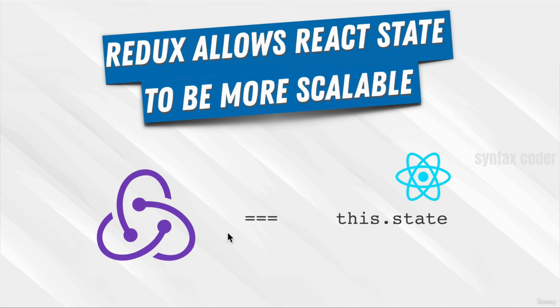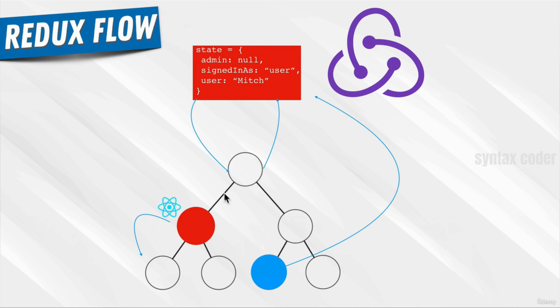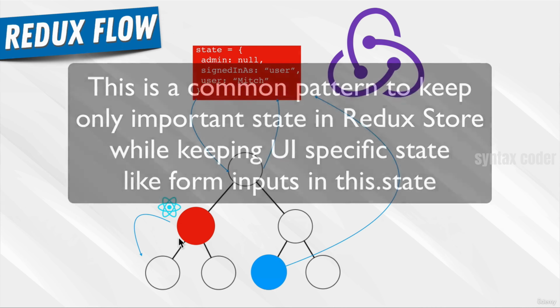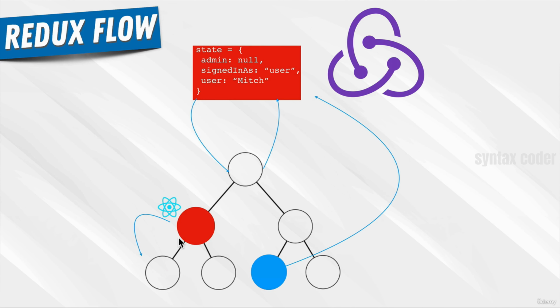But one caveat: you could technically have Redux with the state, but also still keep a little bit of React state in a component. Redux doesn't completely replace this.state or this.setState in React. You can still use them together.